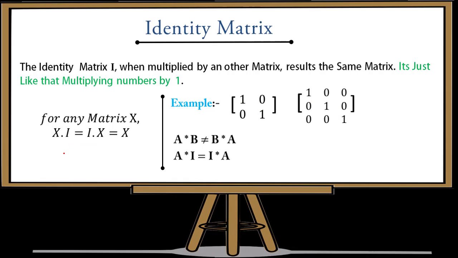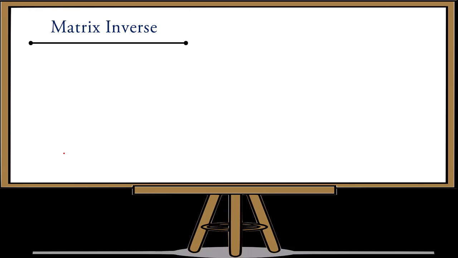So this was some talk about the identity matrix. Now let's talk about the inverse of a matrix, or matrix inverse. The inverse of a matrix A is denoted by A superscript minus 1, and A times A superscript minus 1 always results in the identity matrix.